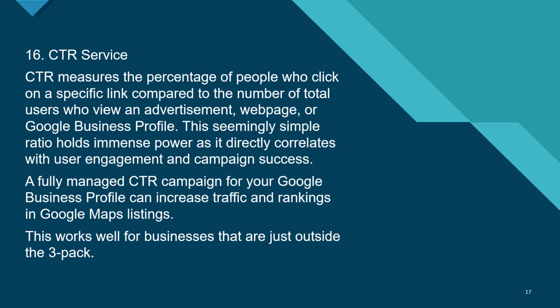So we have a fully managed CTR campaign for your Google Business Profile that can increase traffic and rankings. And this works well for businesses that are maybe just outside of the three-pack. Maybe you're 5, 6, 7, 8, 9. You're just outside of it and you've done all the optimizations, but you just need a little bit of push that gets you up into the top three.